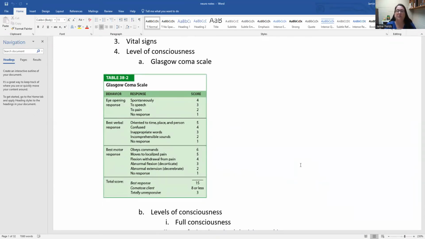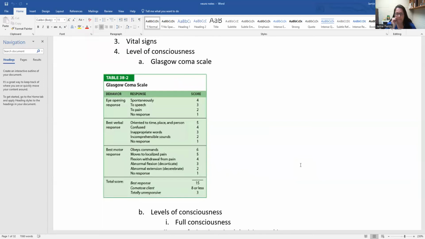And in particular, it gives us a quick look at that patient's level of consciousness in an emergency situation. And we look at trends and whether there's a change over time.